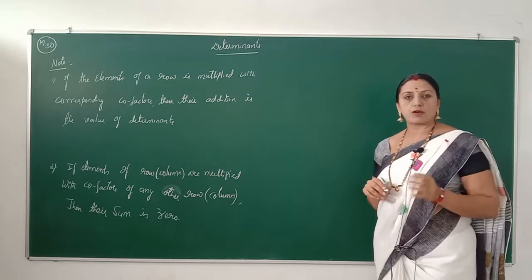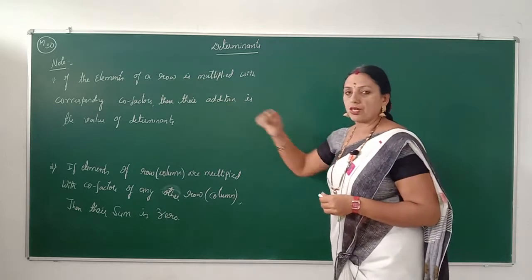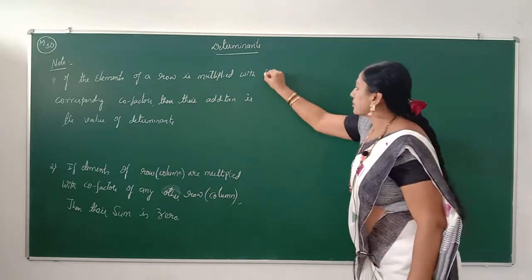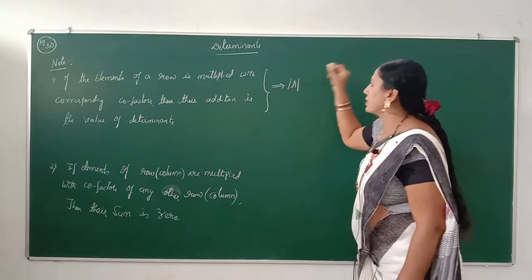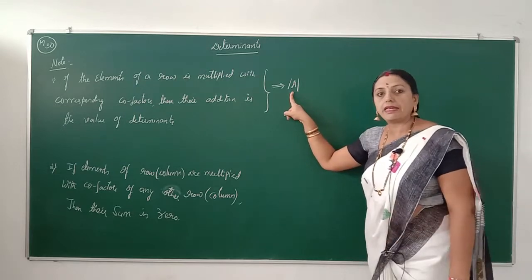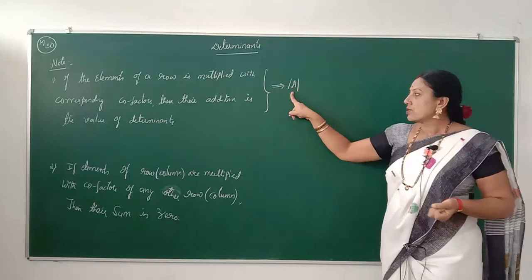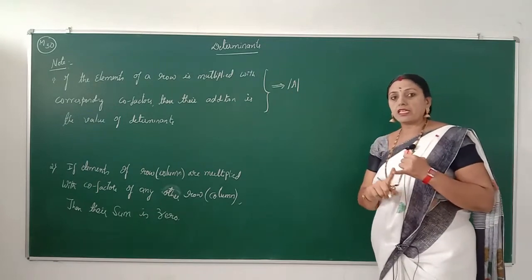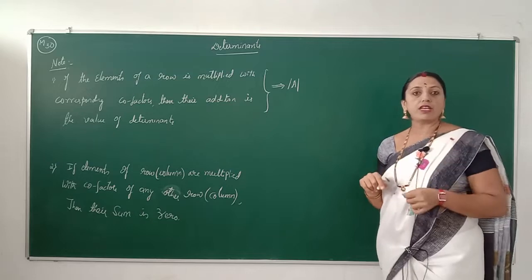We already know problems on the basis of expansion, but it is another condition for how to find the value of the determinant. Now it is denoted by either determinant of A, or det A, otherwise by the symbol delta. So you already know one method is to expand along any one row or one column.